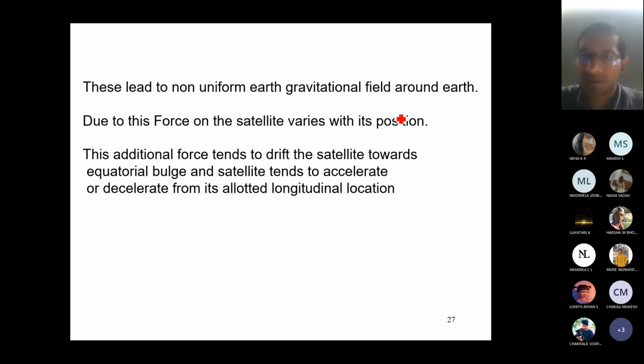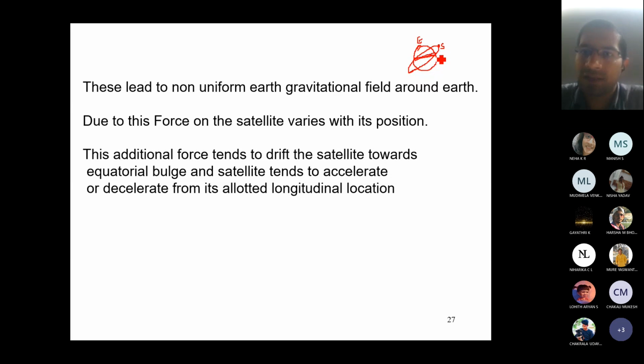Let me show it in this picture, but you have to analyze. This is the Earth, and the orbit of the satellite is this one. This is the satellite and this is the Earth. And let me show this line, this line represents the equator.